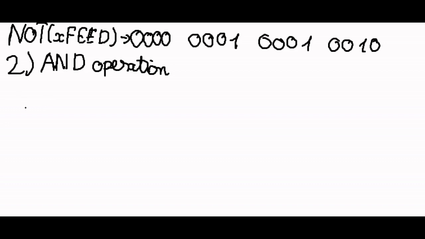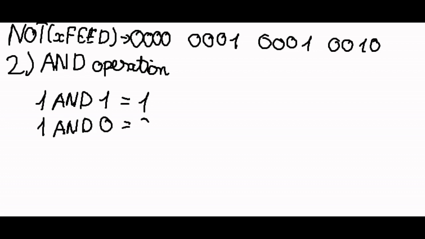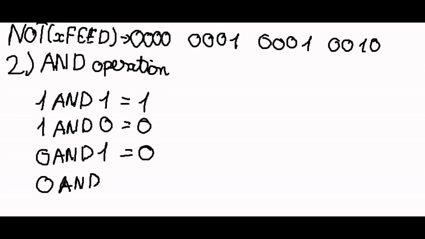The AND operation is basically this table: 1 and 1 equals 1, 1 and 0 equals 0, 0 and 1 is equal to 0, and 0 and 0 is equal to 0.